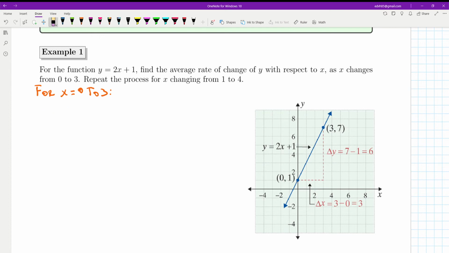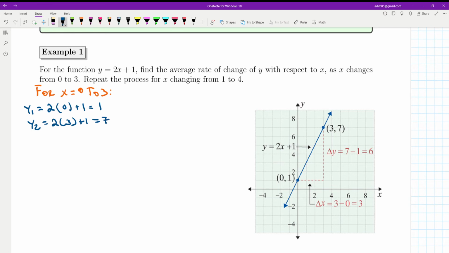Let me start with y1 first and then the second one, just to follow the order. So this will be 2 times our x1, which is 0, plus 1. Sorry, I'm making a couple of mistakes here, but I'm aware of it. And then y2 equals 2 times 3 plus 1, which equals 7.